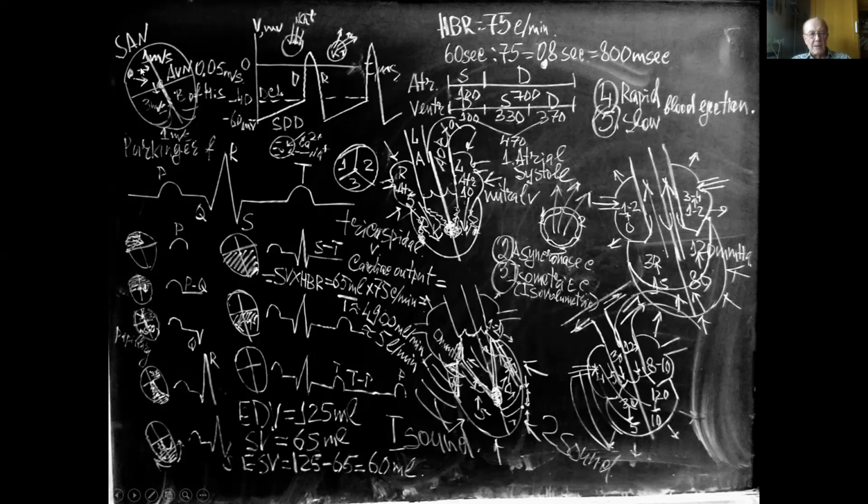The rate of excitation conduction here is approximately 1 meter per second. Then in the bundle of His it is 3 meters per second, and in the Purkinje fibers 1 meter per second. This is a small change: 1, 3, 1 again.